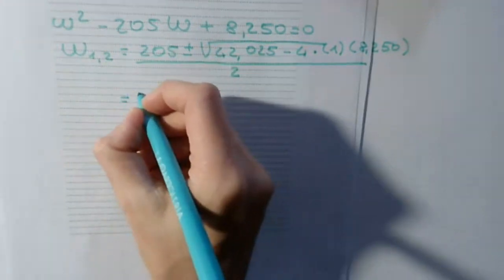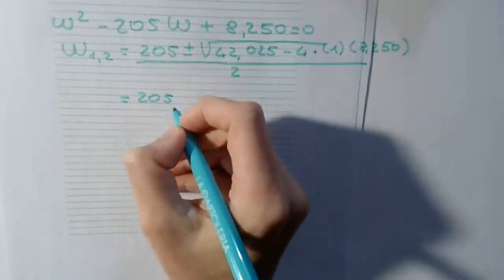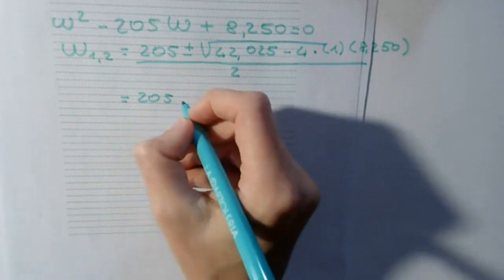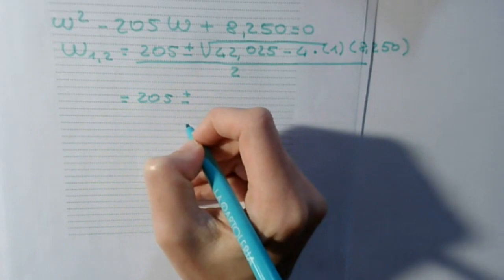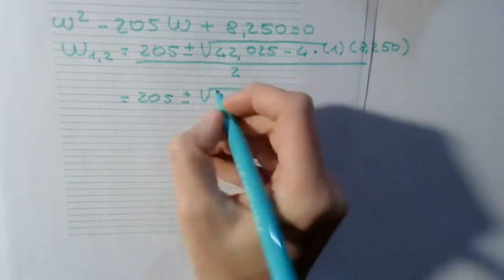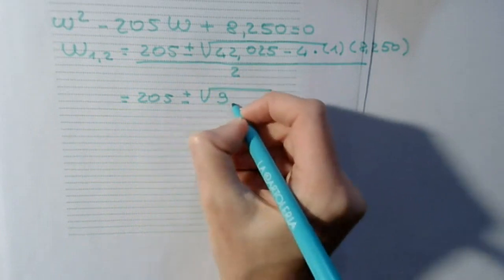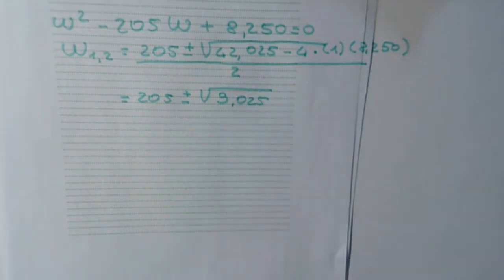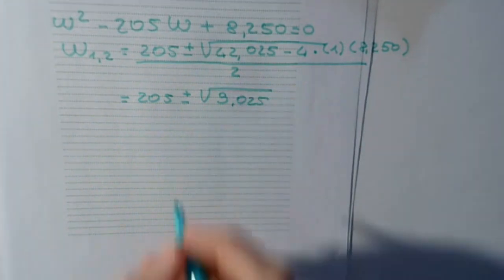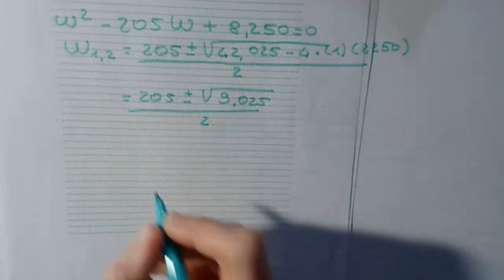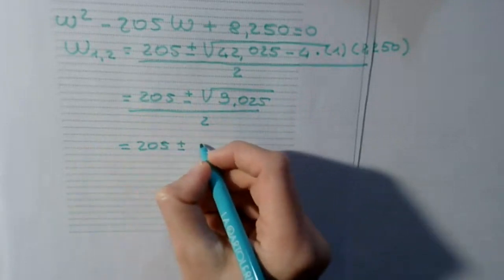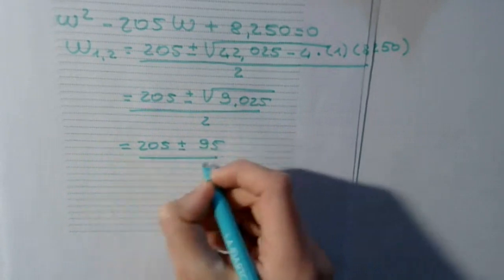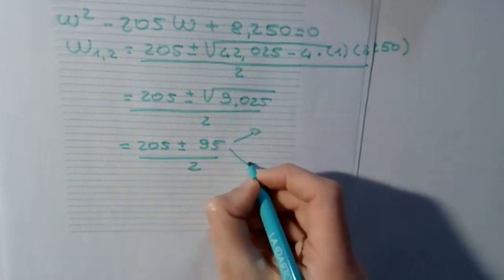So you get 205 plus or minus square root of 9,025 divided by 2. So you get 205 plus or minus 95 divided by 2, and you get 2 results.